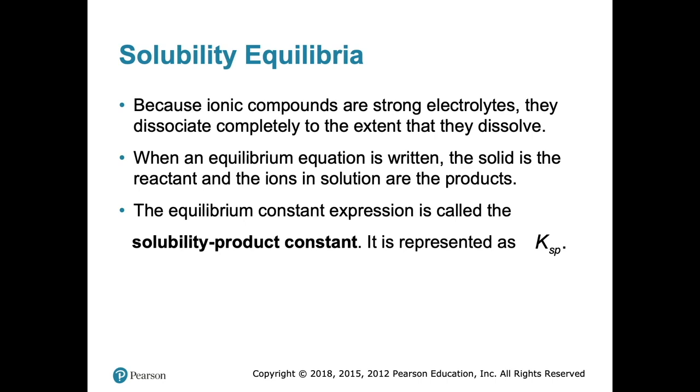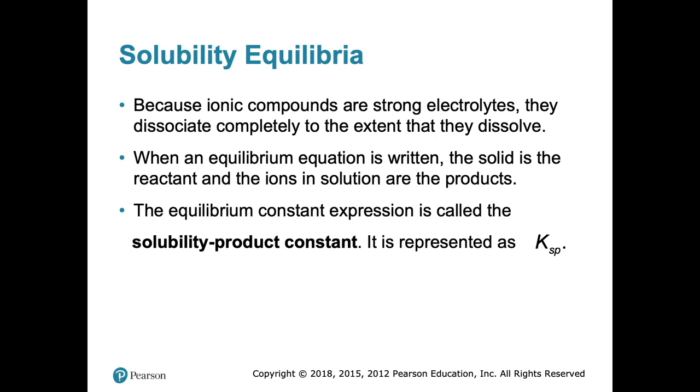Remember in chemical equilibria, the equilibrium constant was Kc for things that had concentrations, and Kp for things that had pressures. The equilibrium constant for acids is Ka, and for bases was Kb. Well, now we have the solubility product constant for solution equilibria, and it's Ksp.